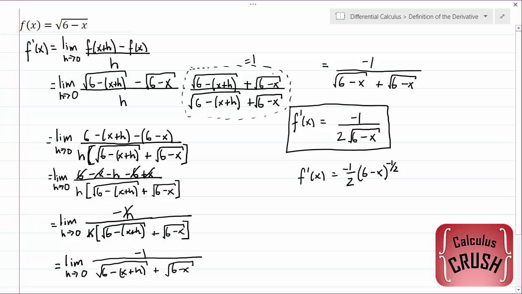Now, one more thing I want to mention before we end this video is some people may be confused why the multiplication of these two numerators here gets rid of all the root signs. So when we rationalize, the basic idea is if we have a plus b and we multiply it by a minus b, that's going to be equal to, let's do this the right way here.